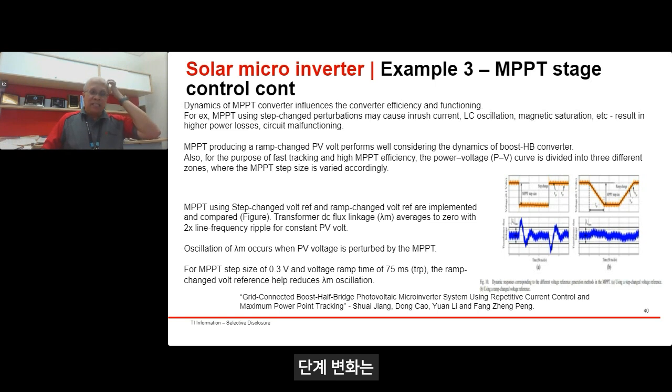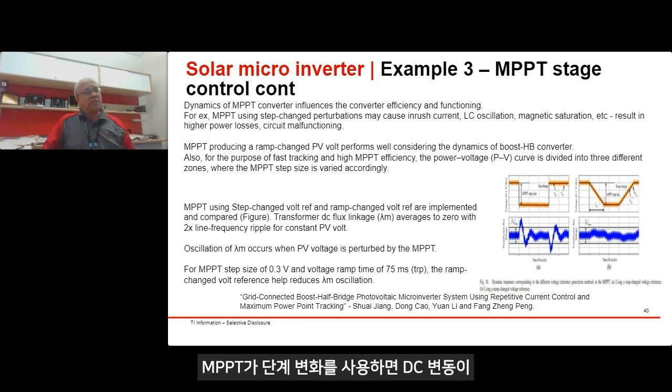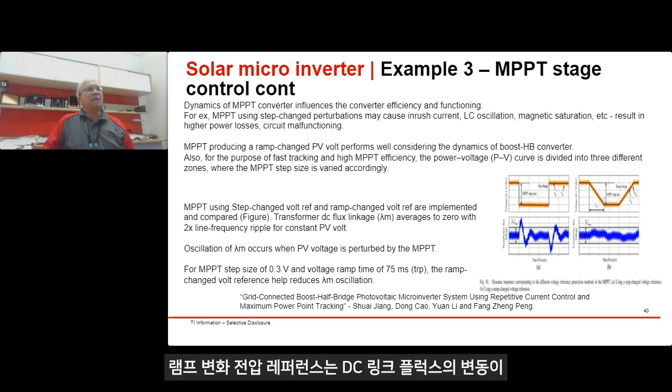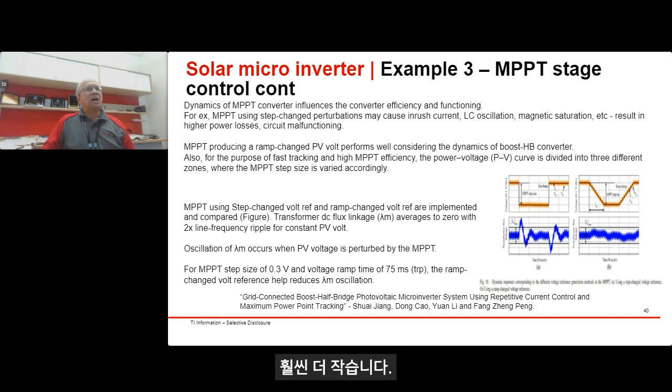When MPPT uses step change, DC link flux fluctuation is higher compared to the right side, where there is a ramp change voltage reference MPPT, where the fluctuation of the transformer DC link flux is much smaller, and that improves the efficiency and can also prevent inrush, LC resonance and magnetic saturation of the transformer. So authors reported implementing this.